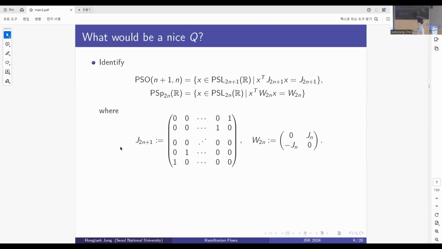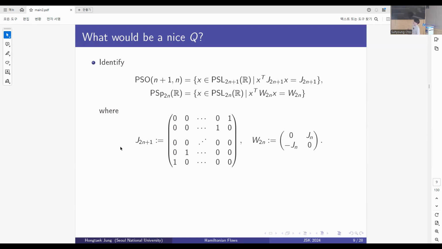And similarly, this gives you a non-standard symplectic form on R^2n. Of course, they are symplectomorphic, but it's non-standard as it is. So if you collect all the matrices that satisfy this equation, then it will become PSp(2n,R).